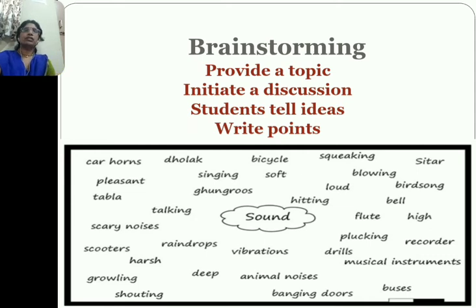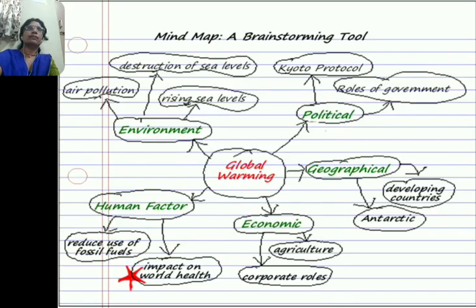If they are given the topic sound, then sound is related to environment, sound is related to the nature, sound is related to the economy, sound is related to the traffic, sound is related to the, we can say, the animal field, sound is related to music. So variety of ideas, they come out of human brains, and the students get benefit of this technique.